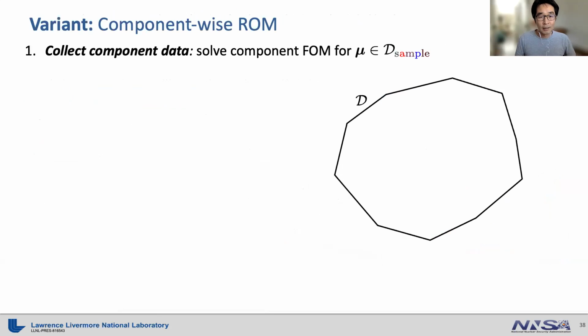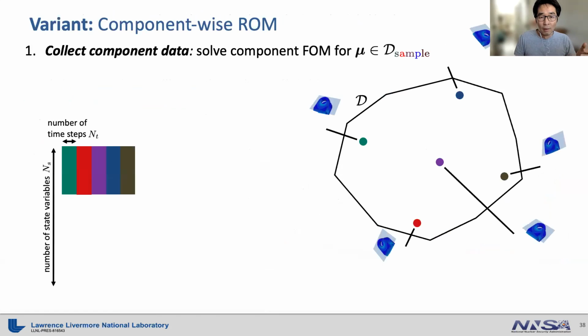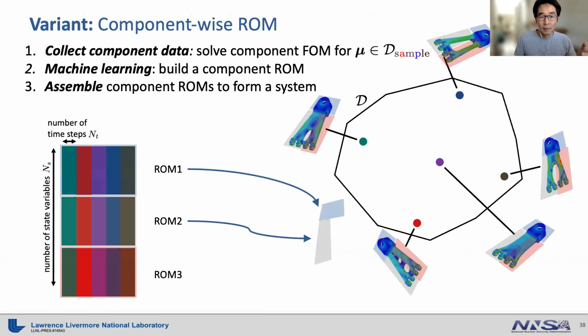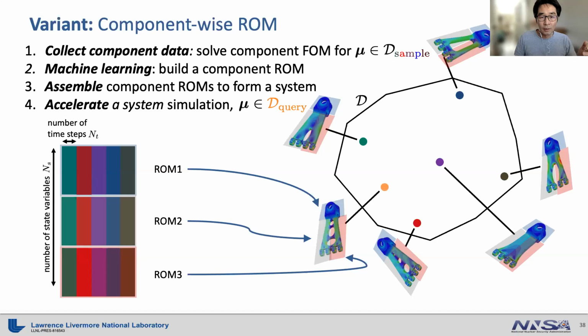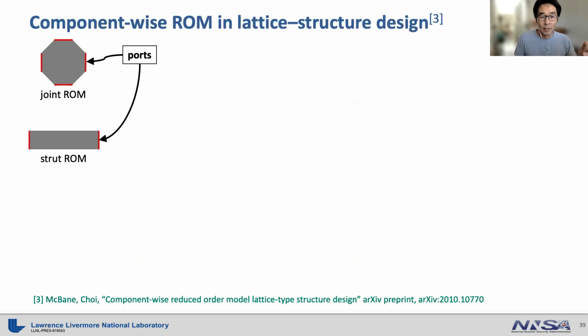And that technique, okay, let me skip this slide and go to the next slide. Here we are demonstrating how we apply that component-wise reduced order model in the context of lattice structure design.